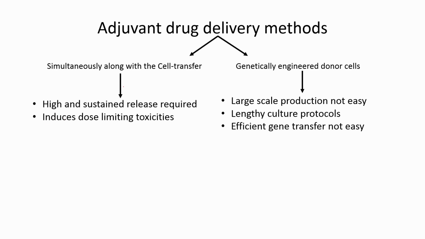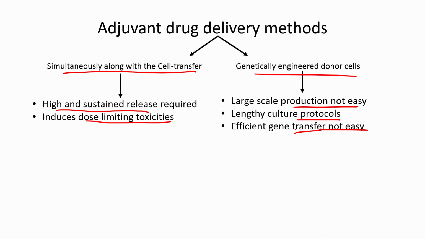If you are using adjuvants for cell transfer, a very high and sustained release is required, and that induces dose limiting toxicities. And if you are using genetically engineered donor cells, then first of all the large scale production is not easy, there are lengthy culture protocols, and the gene transfer may not be very efficient.